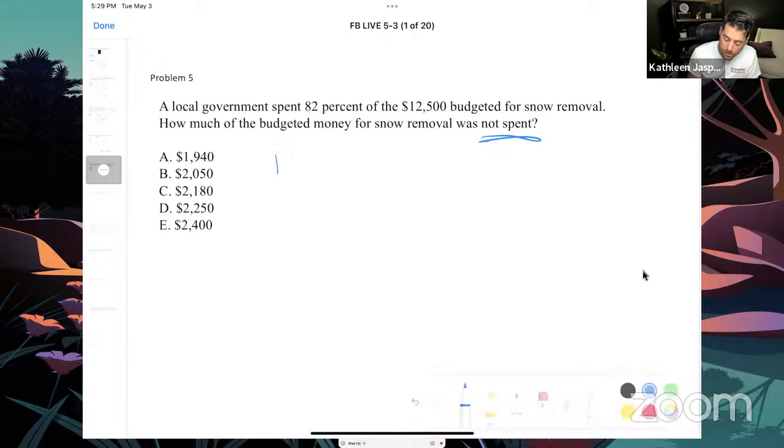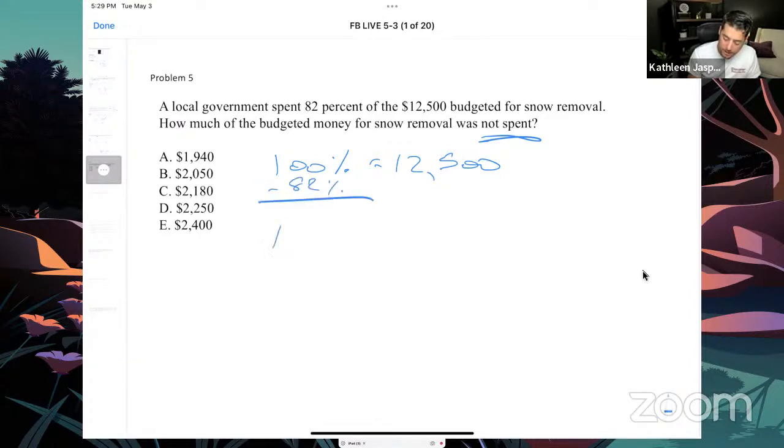Does that make sense? 100% of the value of this problem should be associated with this 12,500. Okay. So what I have here is 82% was for snow removal, which means the rest of it was not spent. So if I do 100% minus 82%, I get 18%.